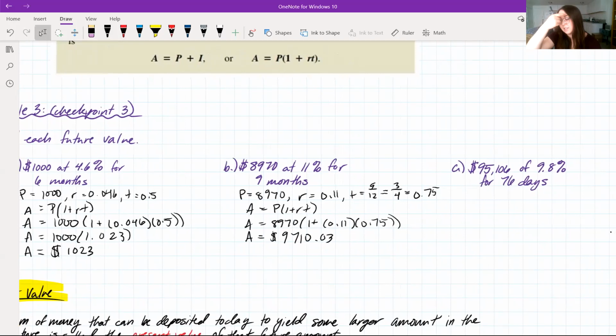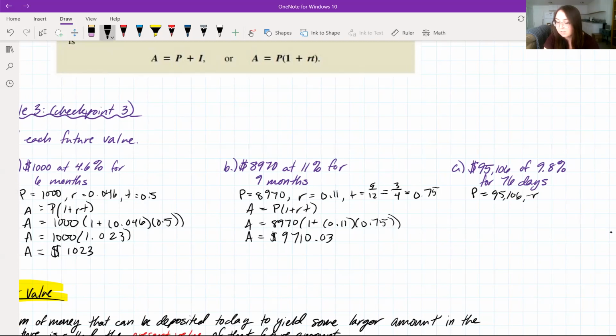And lastly, for Part C, we're going to see $95,106 at an interest rate of 9.8% for 76 days. So now we're thinking in terms of days instead of months. We're going to do the same thing as we did before. We have a principal, which is 95,106.